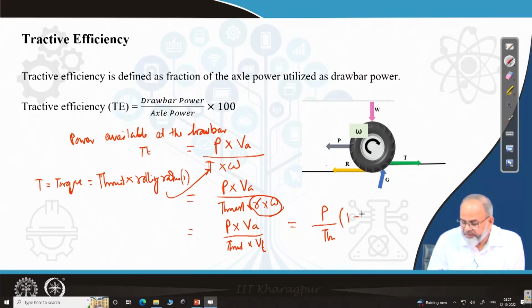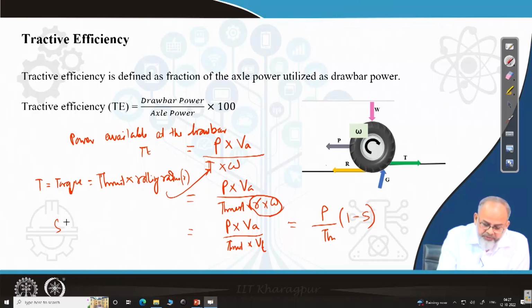So in other words, P by thrust into 1 minus slip, because earlier we defined slip as 1 minus VA by VT.